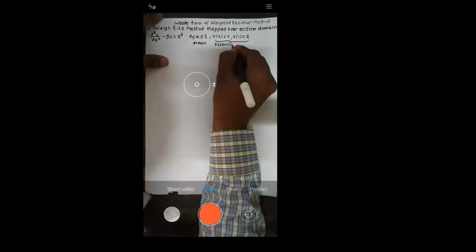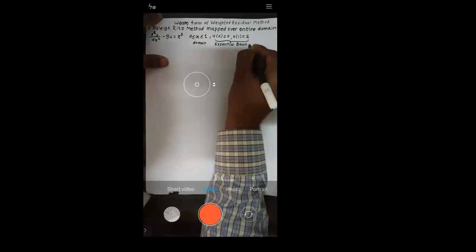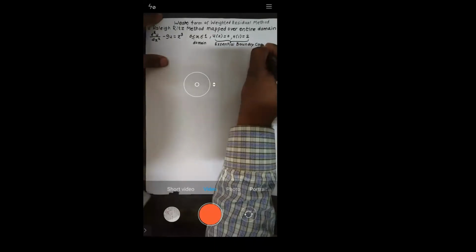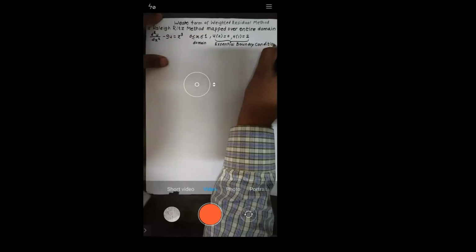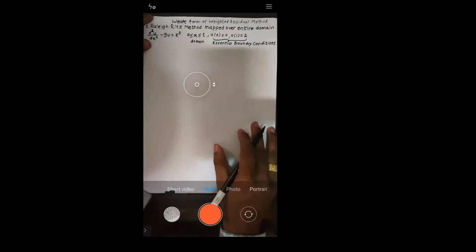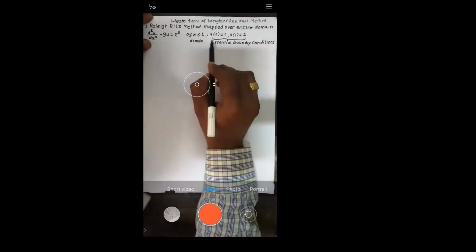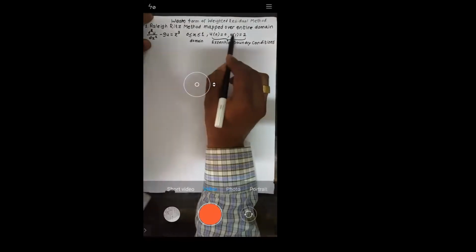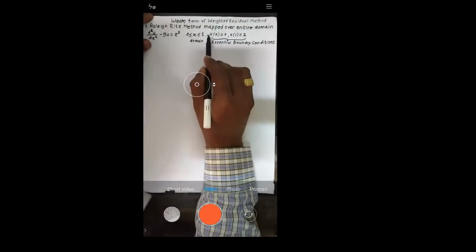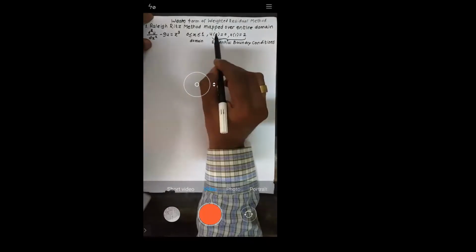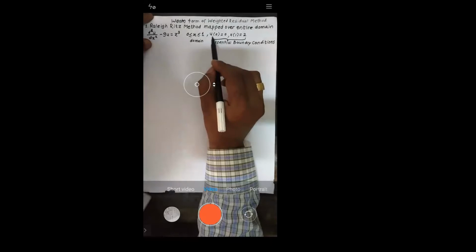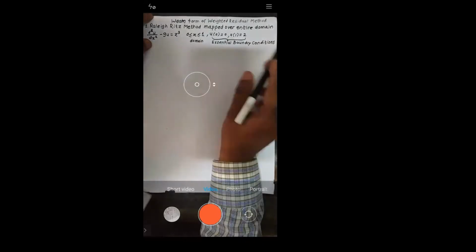This is very important. If you see both the boundary conditions, they are given in terms of u, and u is nothing but a primary variable. So the boundary conditions which are associated with the primary variable are called essential boundary conditions.